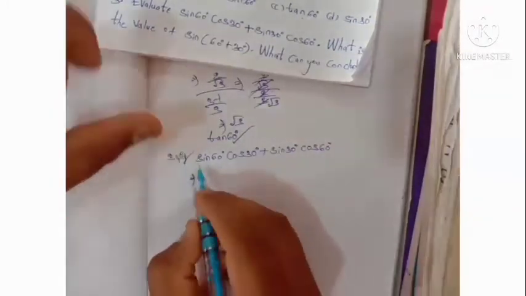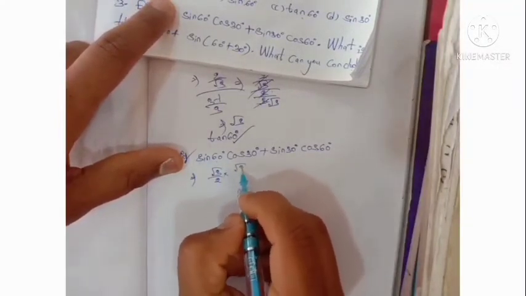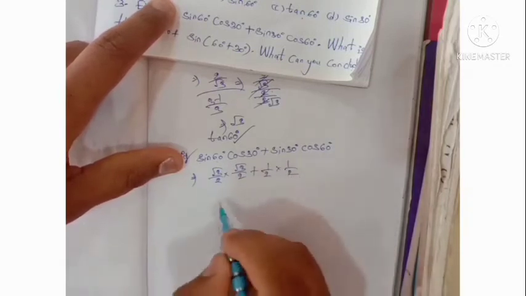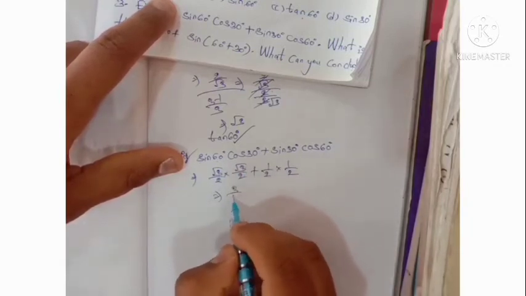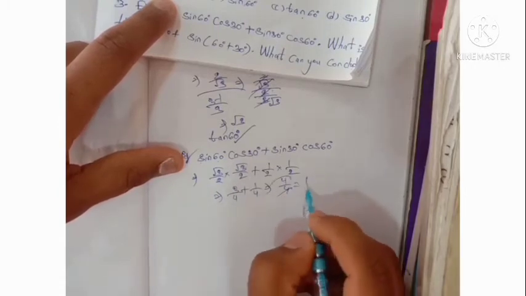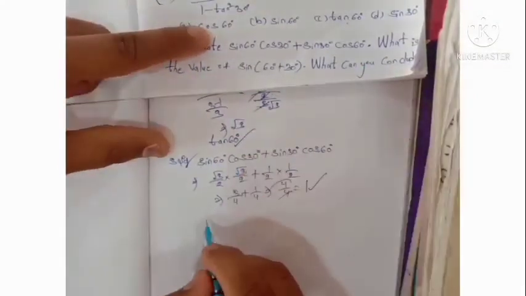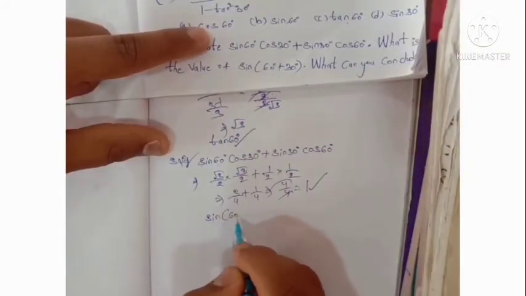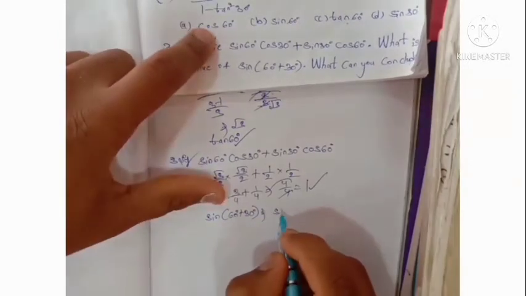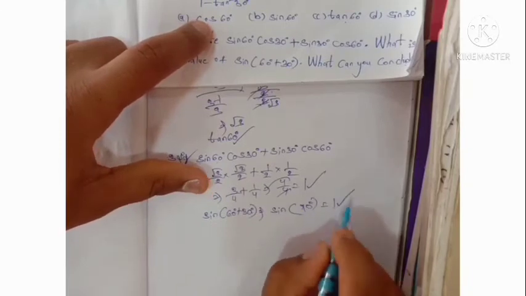Evaluate means find the value. Sin 60 is root 3 by 2, cos 30 is root 3 by 2, plus sin 30 is 1 by 2, cos 60 is 1 by 2. So root 3 into root 3 by 2 by 2 gives 3 by 4, plus 1 by 4, it's 4 by 4, it's 1. Okay. What is the value of sin of 60 degrees plus 30 degrees? See, 60 degrees plus 30 degrees is 90 degrees. Sin 90 is 1. Okay.